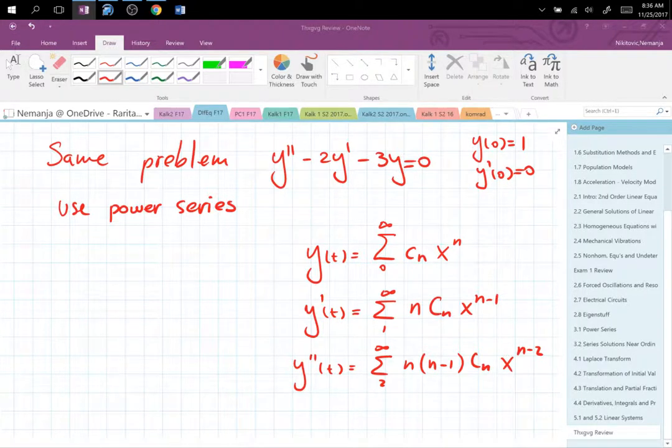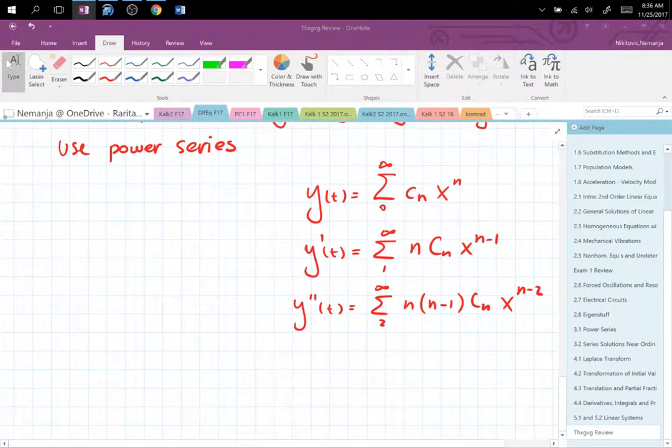We replace all of these into the differential equation and make it nice and cozy. And then we see whether we need to shift the counter, or we need to use the peeling of terms and so on.